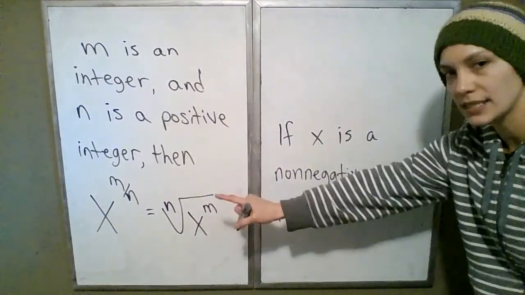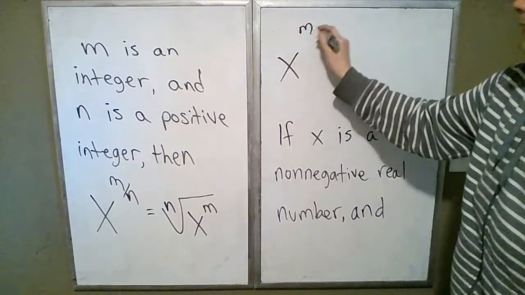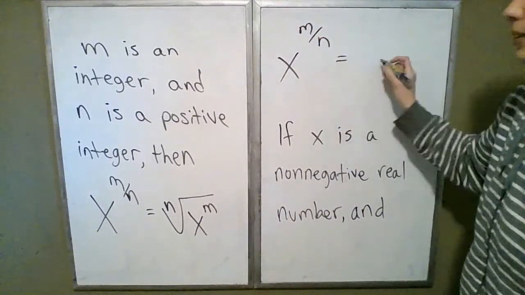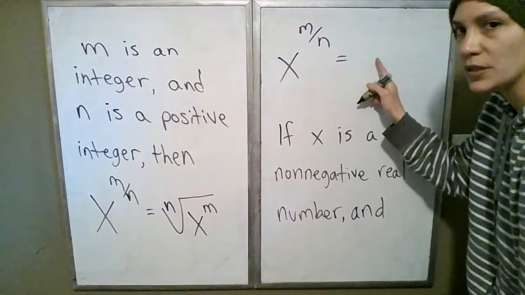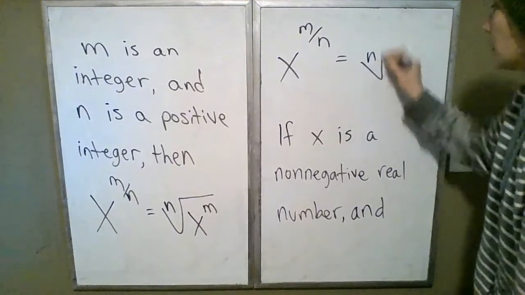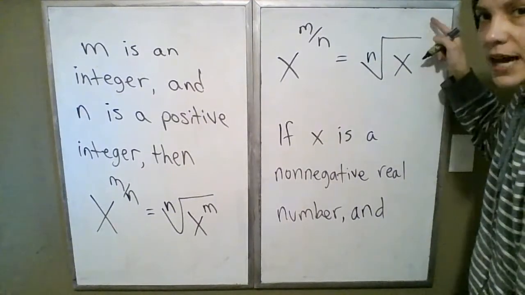You can take x to the m over n and write it as the nth root. So you still use this number in the denominator as your root, and then x is under the root. And the power we're going to put outside of the root.